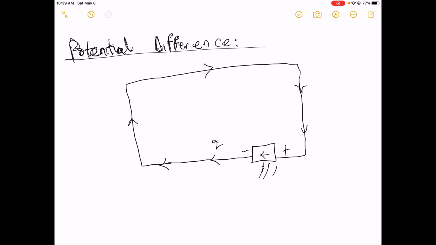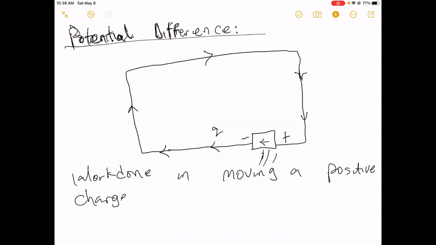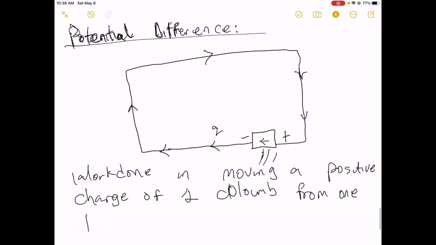Now potential difference between any two points is the work done in moving a positive charge of 1 coulomb from one point to another in the electric field.